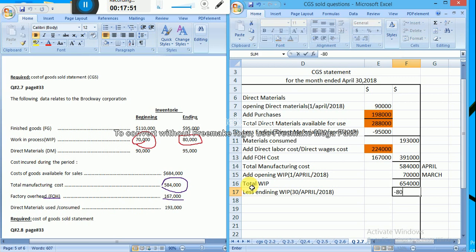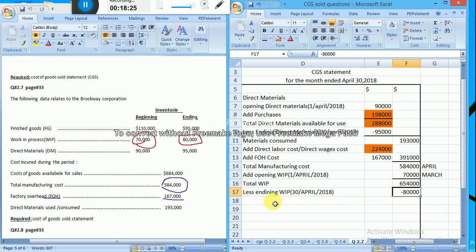The 80,000 work in process was left. It means that the 80,000 of material plus direct labor plus indirect cost was in the machinery, which was not converted to finished goods. That will be converted to finished goods in the upcoming months. So revenue will be generated in the future. So that's why we will also subtract their cost here.